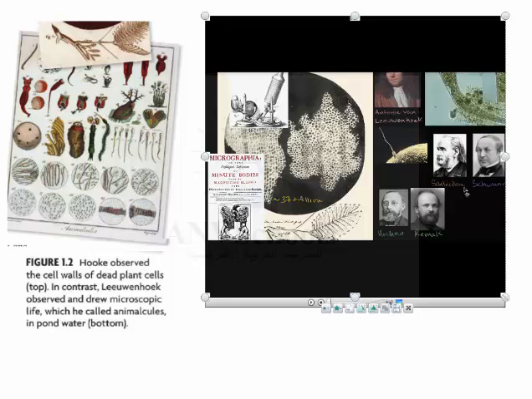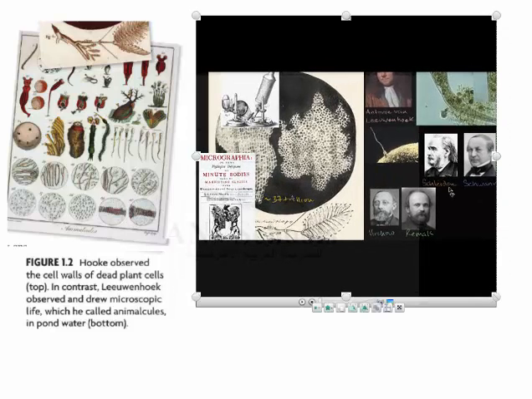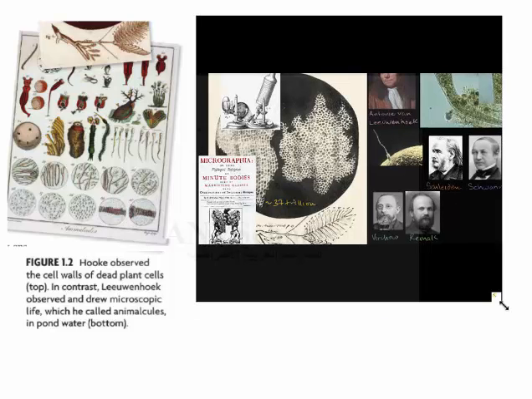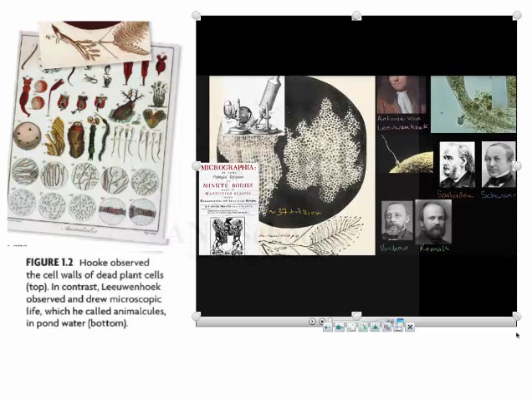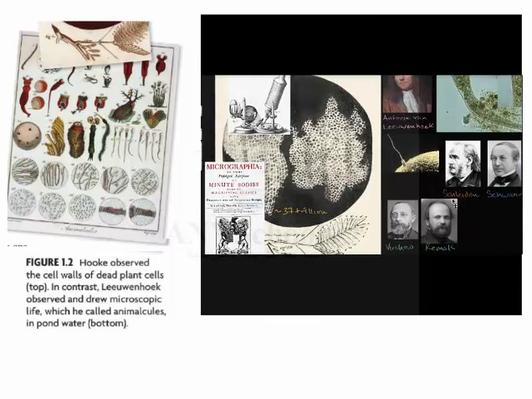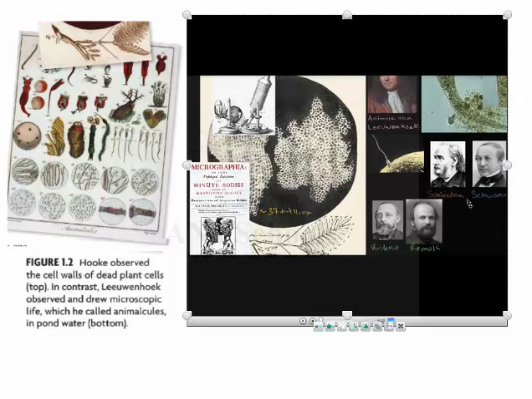Then came Matthias Schleiden, who, of course, concluded that plant cells are made of cells. And as he talked to his countryman Schwann, Schwann also concluded that animal cells also are made of cells, and he was amazed by the similarity between the two.